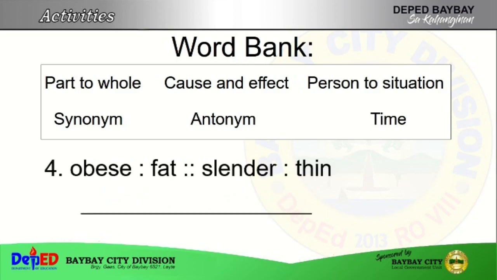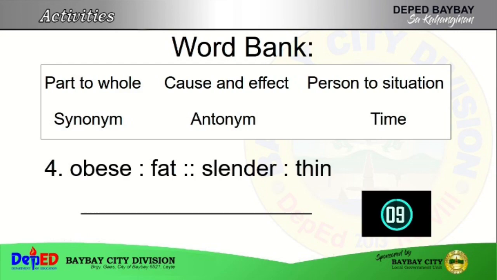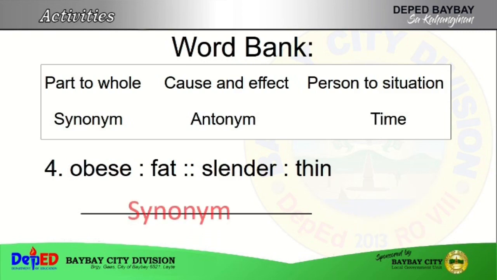Number 4. Obese is to fat as slender is to thin. What type of analogy is expressed in the pair of words given? The correct answer is synonym.